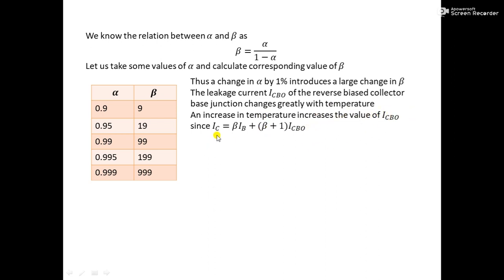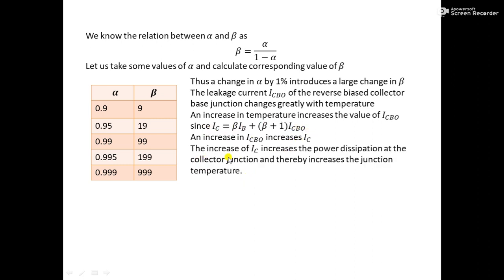And also we have the relation IC is equal to beta IB plus (beta plus 1) ICBO. From this relation we can see that if ICBO, the leakage current, increases, then IC, the collector current, also increases. The increase of IC increases the power dissipation at the collector junction and thereby increases the collector junction temperature.